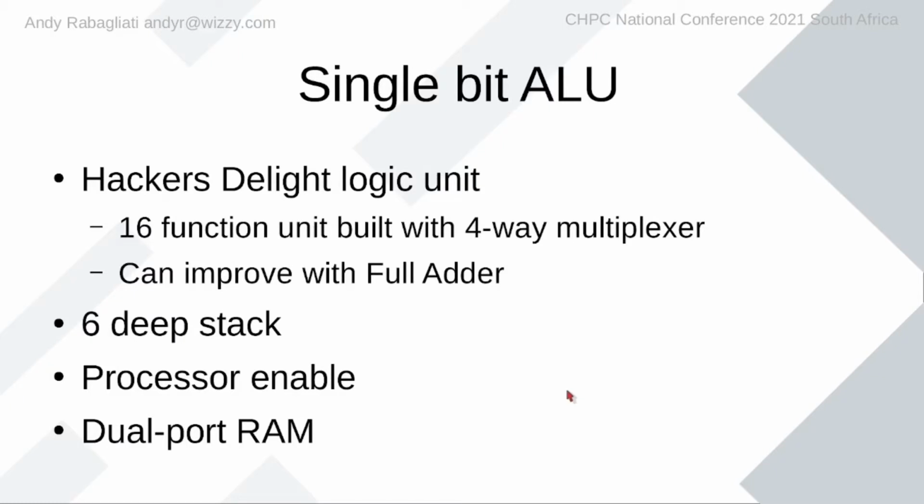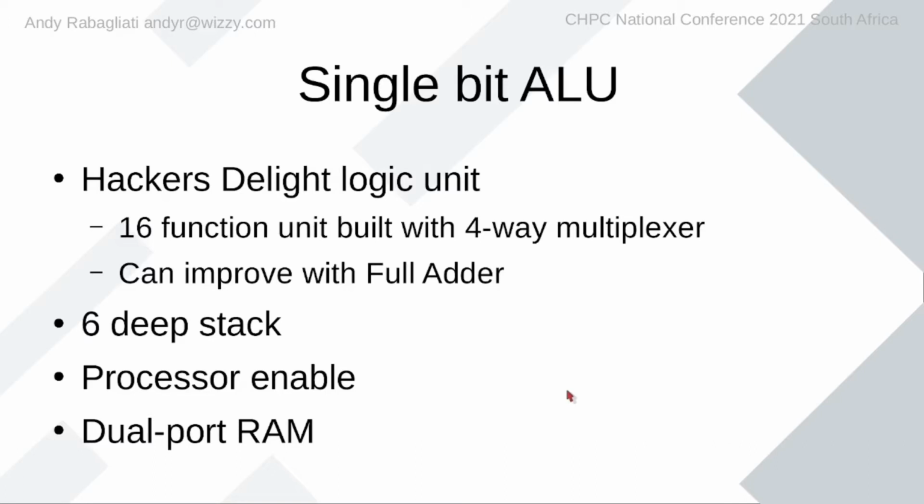There is a single bit ALU on this machine. So a single bit means that it's got two operands. We're talking simple AND or invert, exclusive OR operations. I have also added a full adder on the side, which has 3 inputs and 2 outputs, which are the sum and the carry.